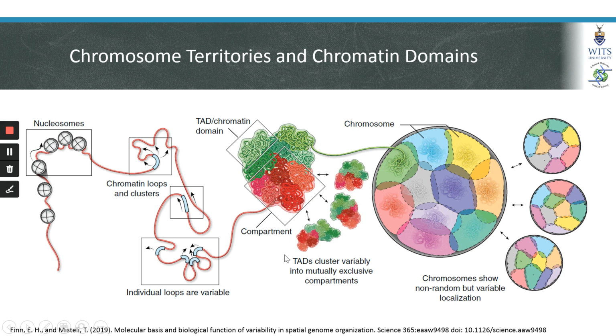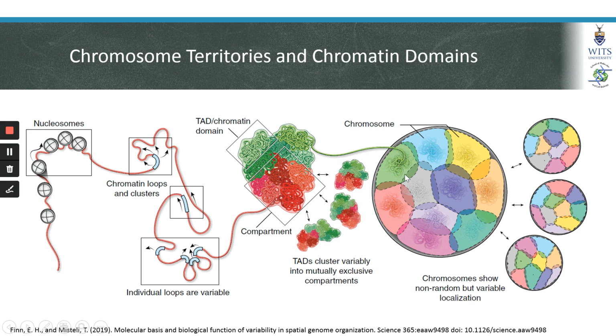And these domains can cluster at variable positions at different points in time, which means that they are dynamic. So these TAD domains or TADs move around within the chromosome. So you have clustered regions of genes, and these different regions of the chromosome, which are represented by the different colors, can occupy different positions within the domain of the chromosome at different points in time during the cell cycle.